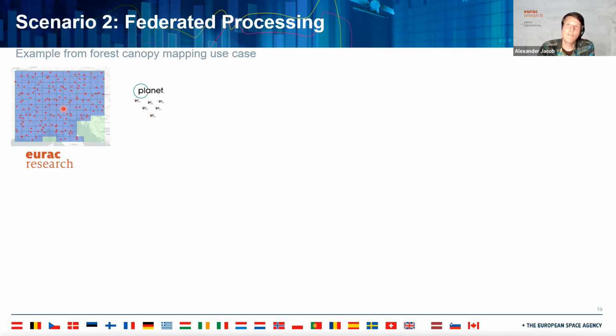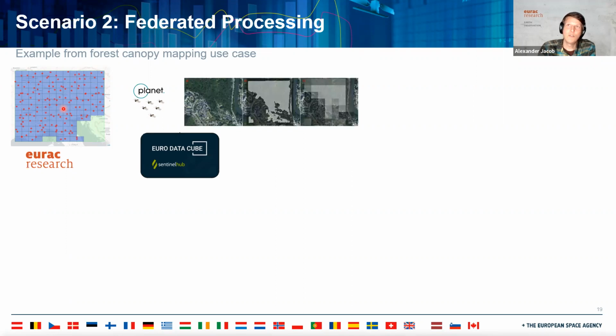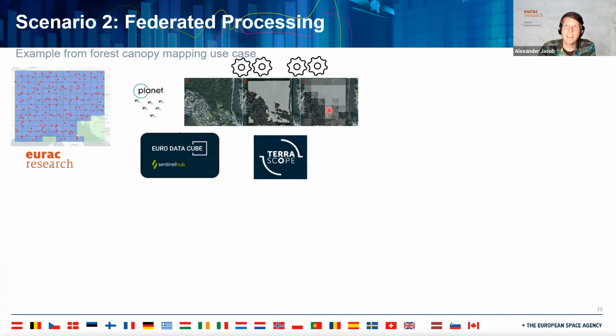This Planet data, however, was only available through commercial services and through a specific backend, which in our case was the Sentinel Hub, which has an arrangement with Planet so that they can offer the commercial data there. So we had to do all of the pre-processing linked to training our model with high resolution data inside a facility that can be linked there.